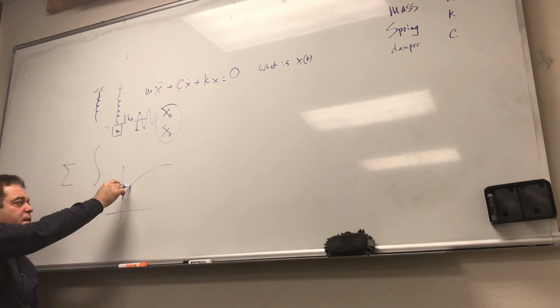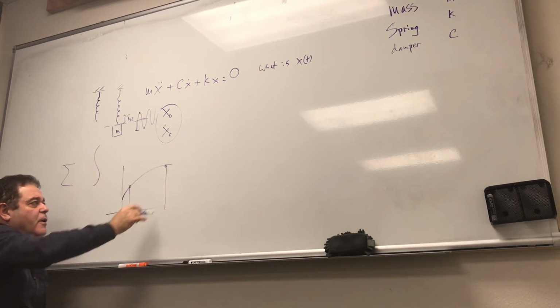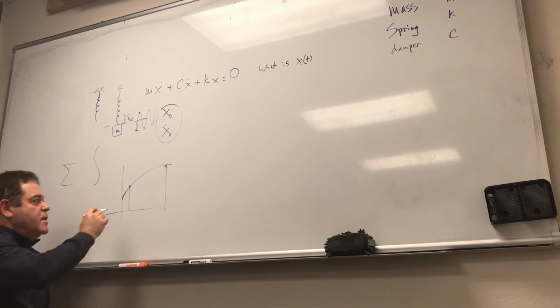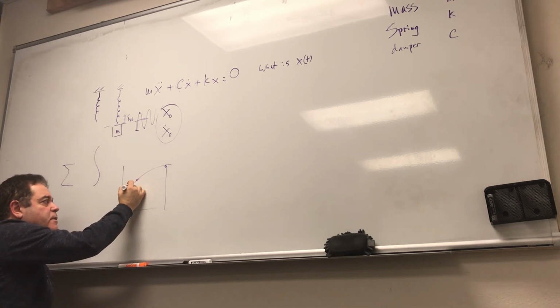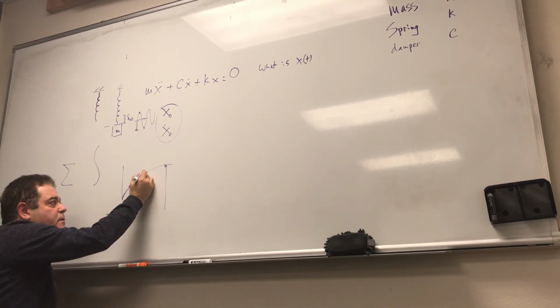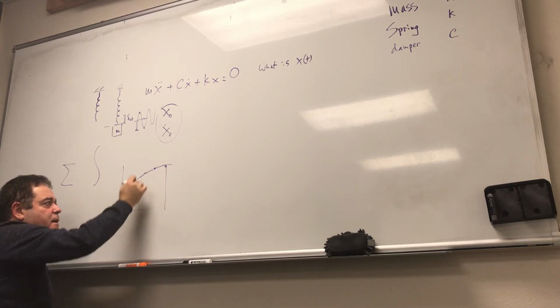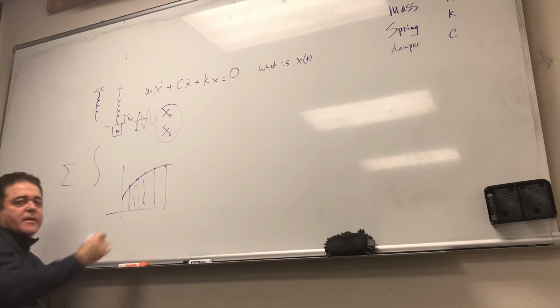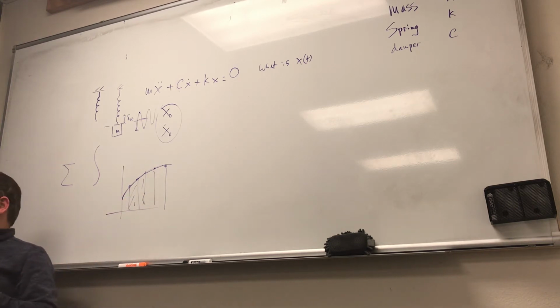If you want to find the integral of this between these 2 points, in numerical analysis, what do we do? We divide it into different segments, and then we say it's this area plus that area plus this area plus that area. So we turn a continuous system into a discrete system. FEA, the same thing. You're taking a continuous plate or something like that, and you're subdividing it into many elements, right?